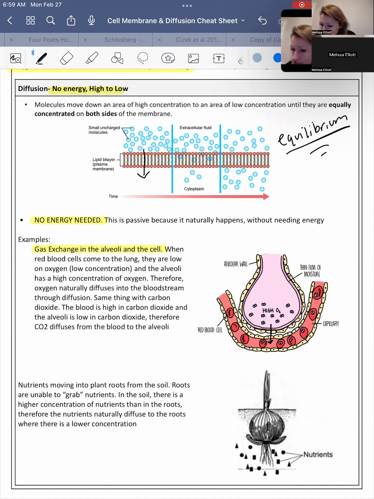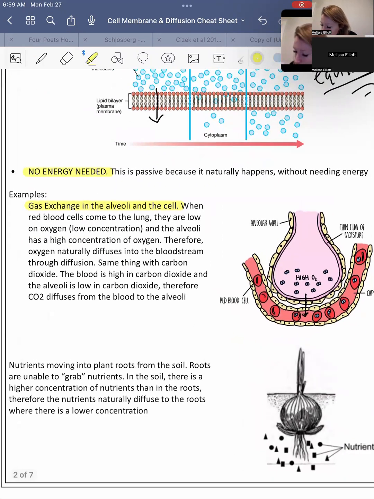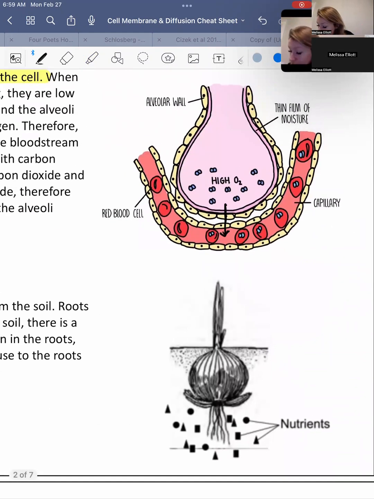Another example is when we think about plants and nutrients coming from the soil. If we look at this picture, we're going to have a high concentration of nutrients in the soil. This is an onion. We're talking about nutrients, right?